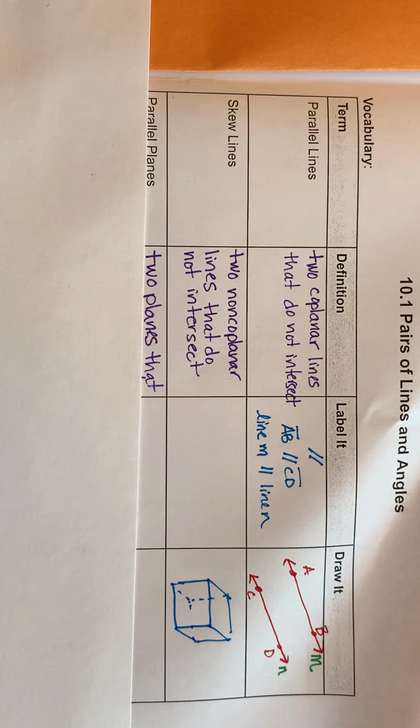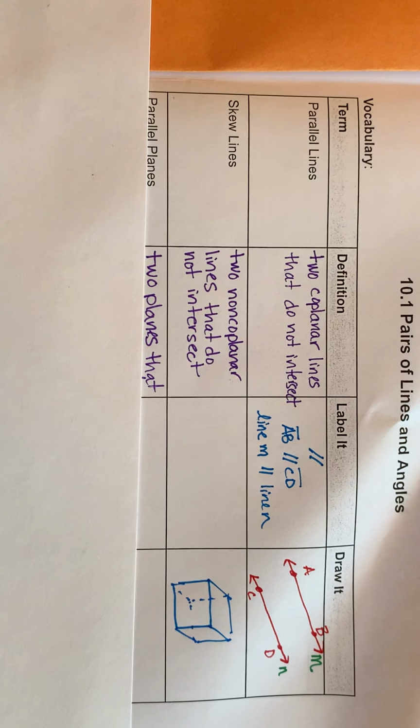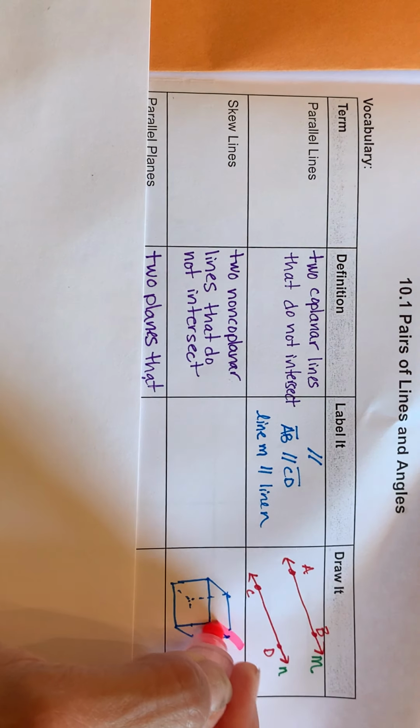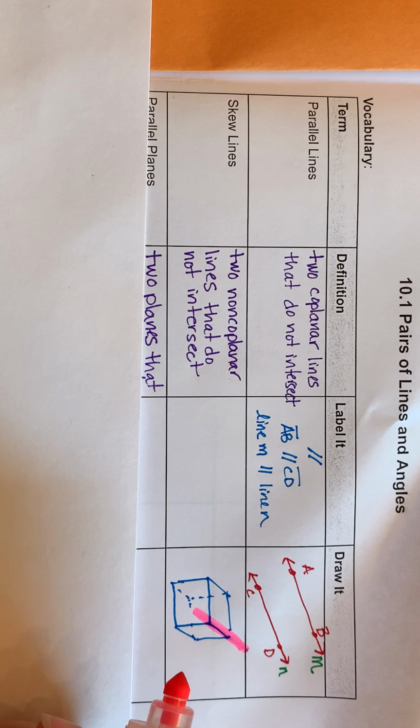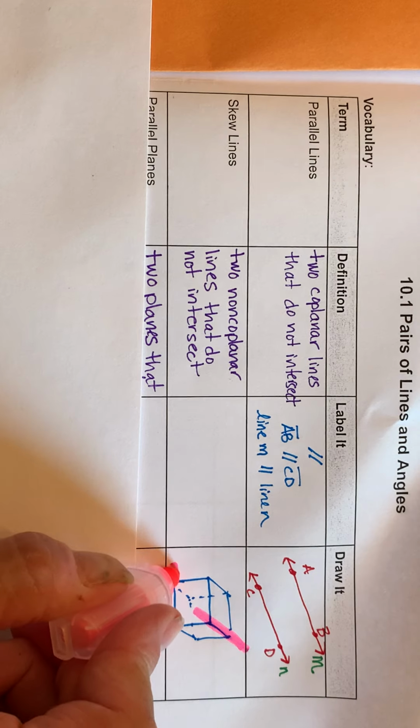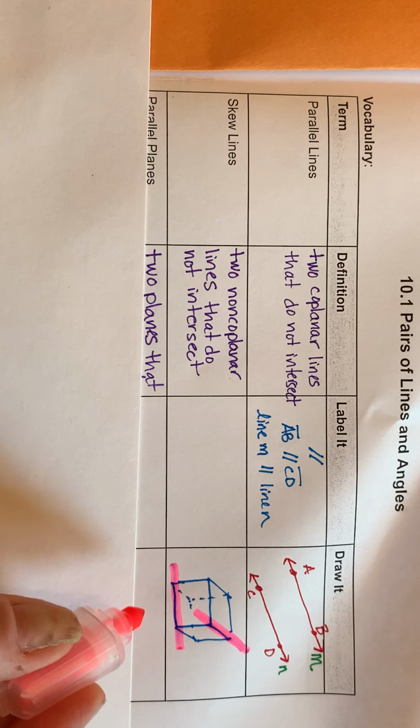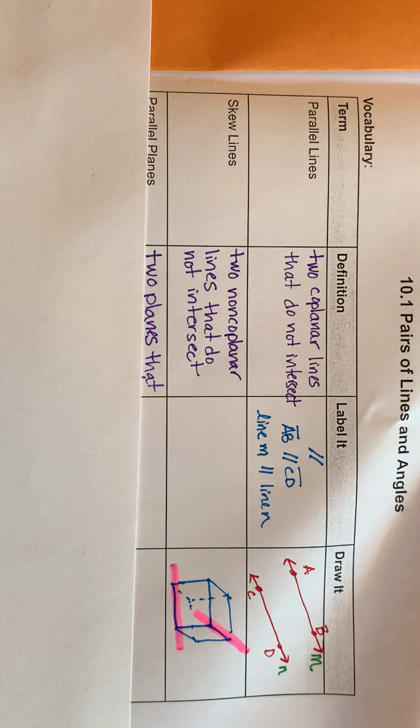If you picture a box on top of your desk, the upper right corner is coming out at you and it's above the bottom front of the box. So they don't intersect, but they're not going in the same direction.